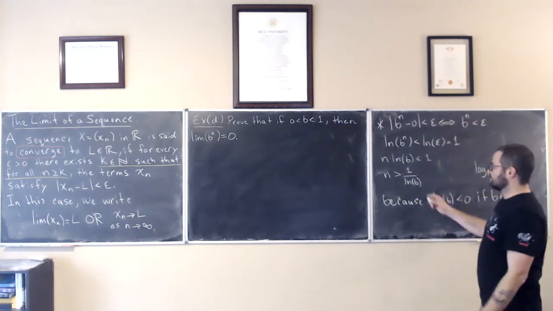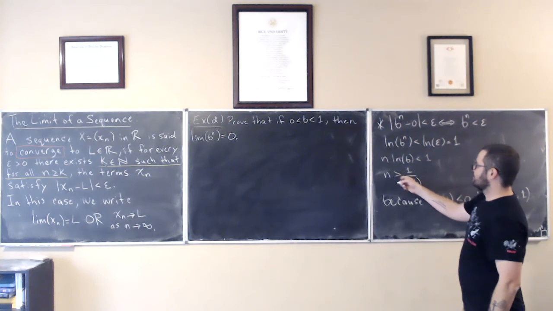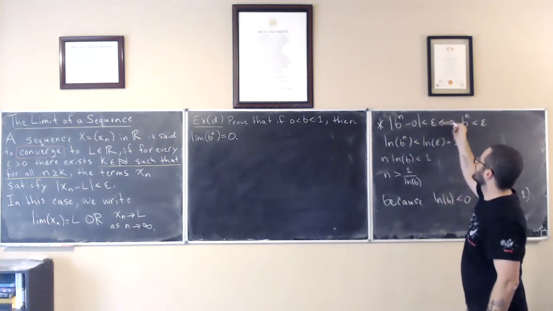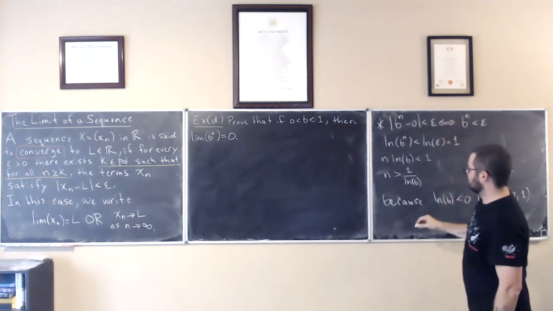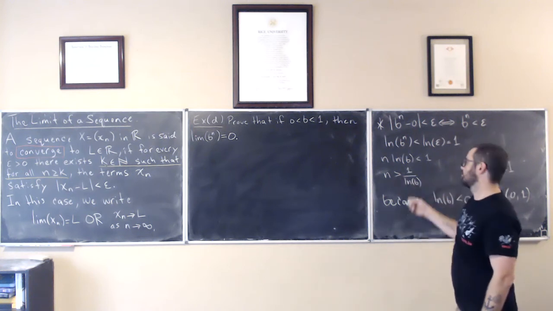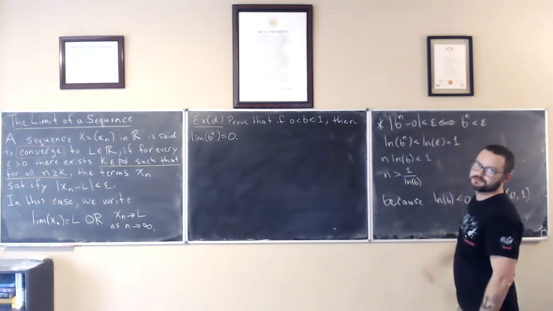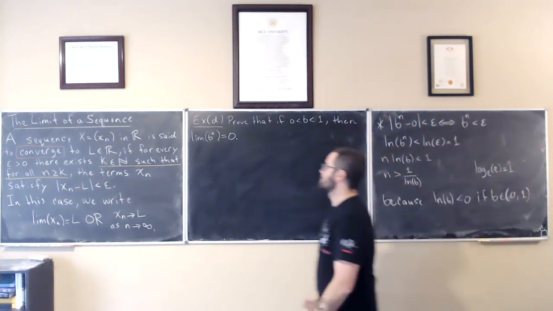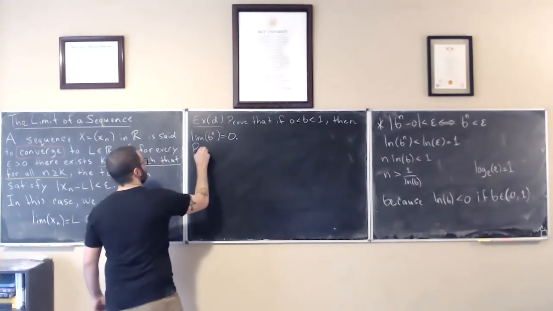So then, if n is greater than that, then that holds, so I just have to pick k in between there and there. And if n is greater than or equal to k, then that holds, that holds, that holds.